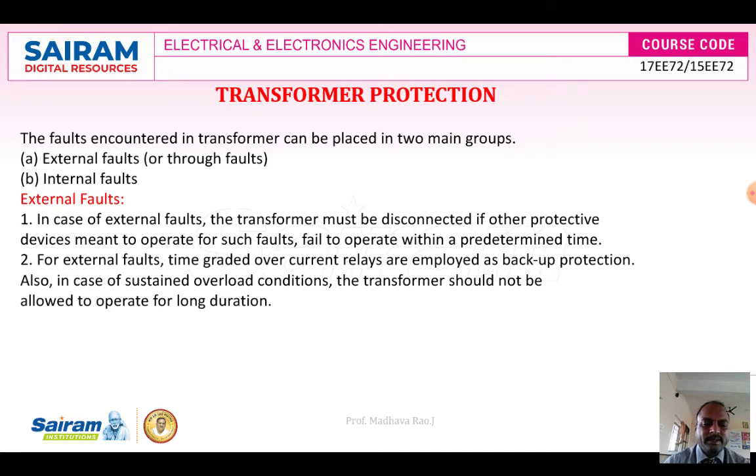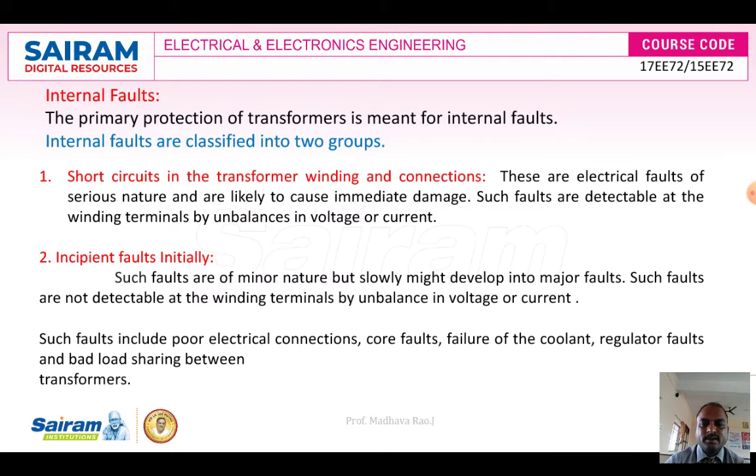Next we will see internal faults. Internal faults are again classified into two groups. One is short circuit in the transformer windings and connections. A transformer has two windings, primary and secondary, and a short circuit between these windings causes faults. We will see this in detail.